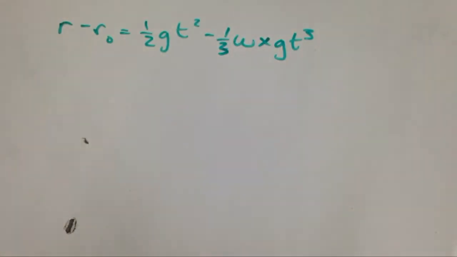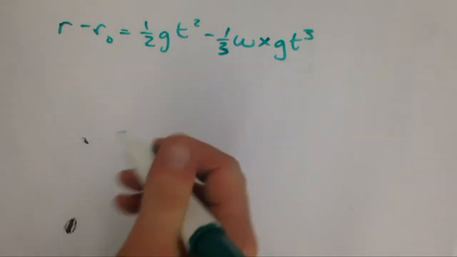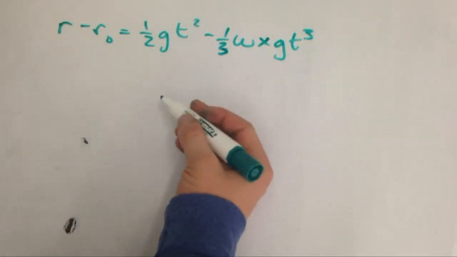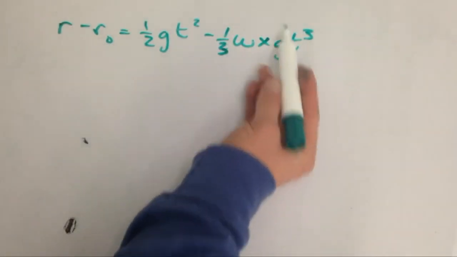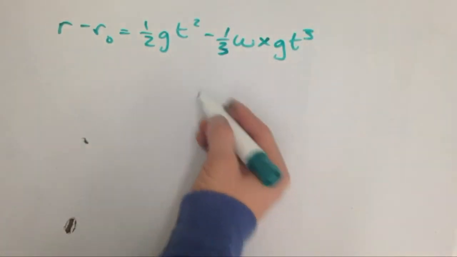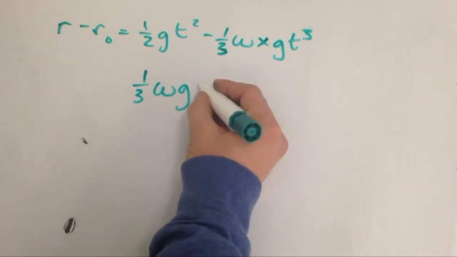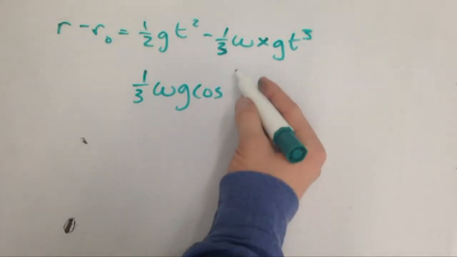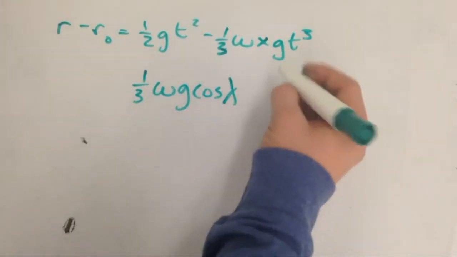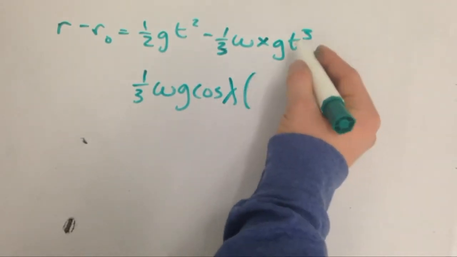Assuming that the water in the bowl has no initial velocity, our equation for r minus r naught, the deflection caused by the Coriolis effect, simplifies to r minus r naught is equal to 1/2 g t squared minus 1/3 omega cross g t to the third.